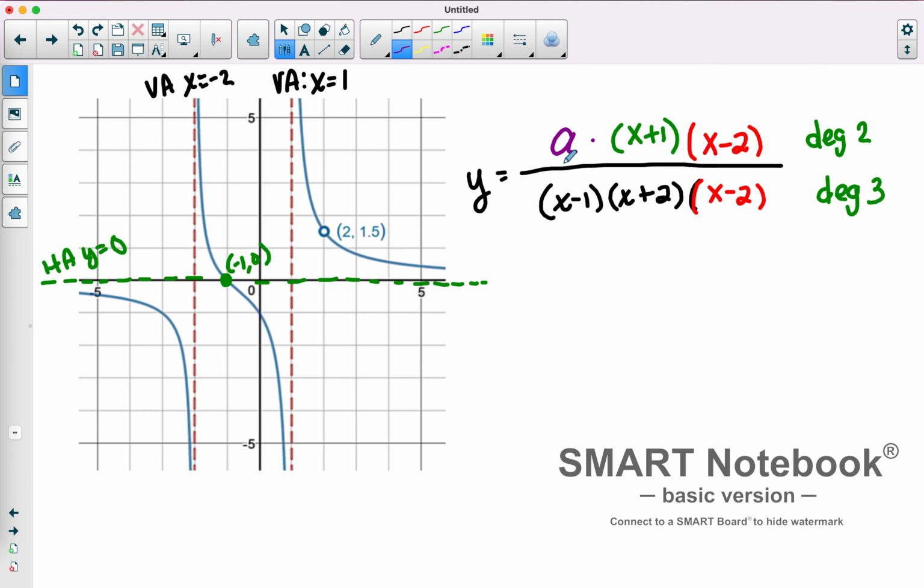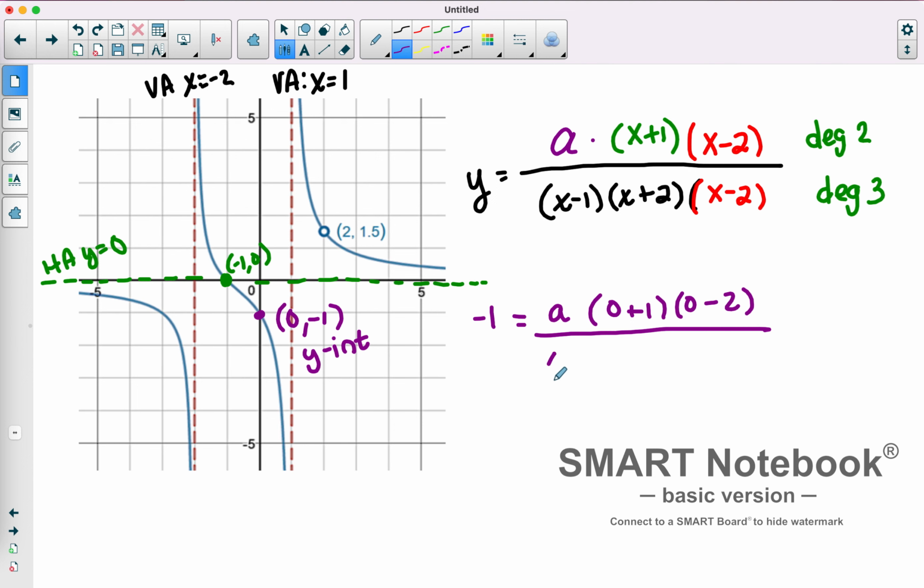So let's test out what this vertical stretch could be by plugging in another point. And one other point we could use is the y-intercept. So if I use that y-intercept, that's an xy coordinate. That means that y is -1 when our x value is 0. So I'm going to plug in 0 to all the x's. As I'm plugging this in, I realize I don't actually need the whole thing.